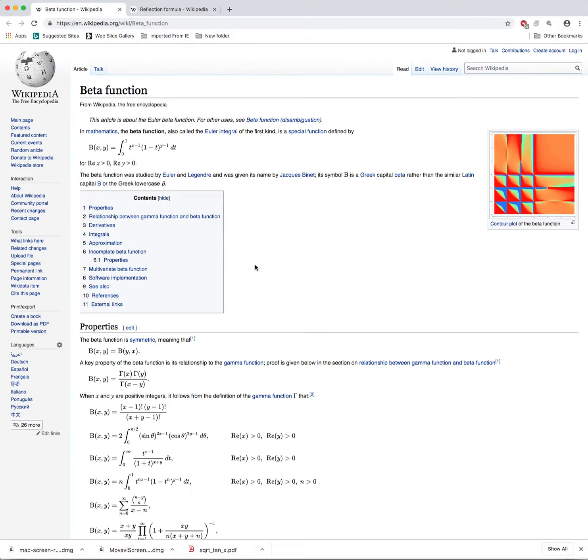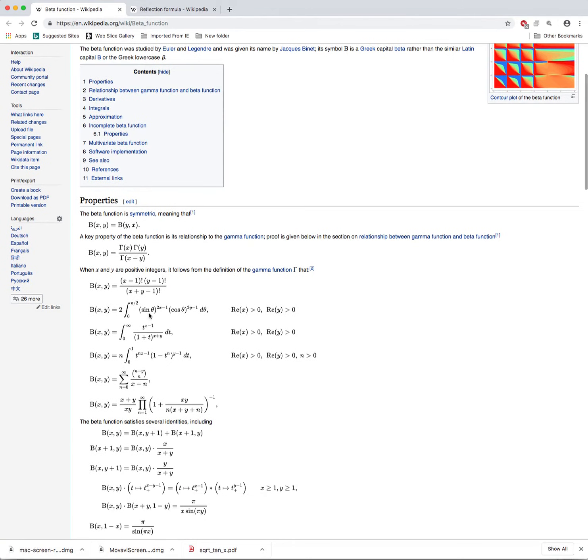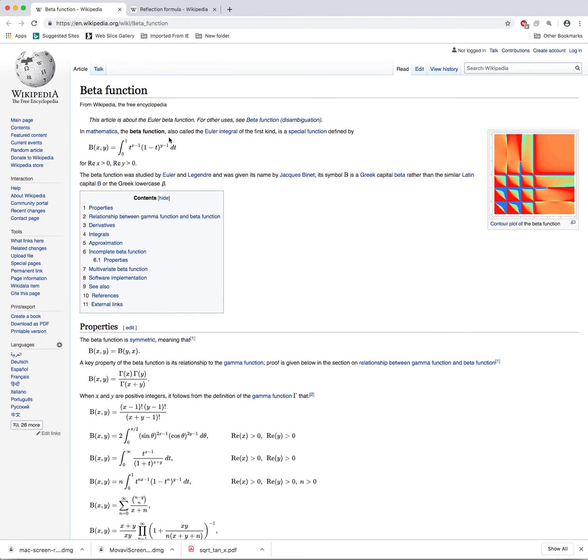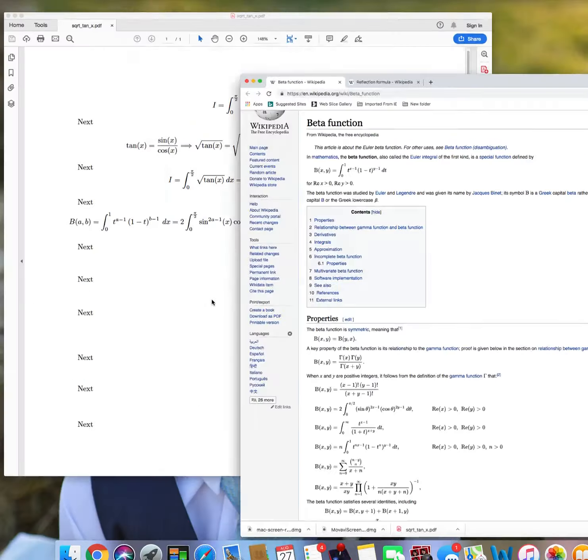Once again, if we go to the Wikipedia page, we can see that we have this definition here. If anyone is interested in seeing how to go from the initial definition to what we have here, please let me know and I can put that into another video.